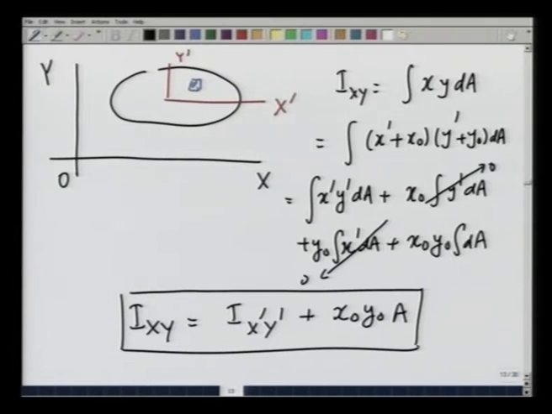So, what we have learnt is, if we know the second moment of inertia and the product of inertia about a set of axes passing through the centroid, I can calculate about any other set of axes which are parallel to those passing through the centroid. Let us summarize these.